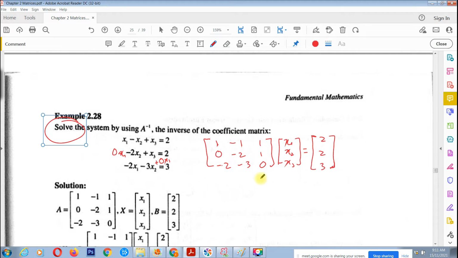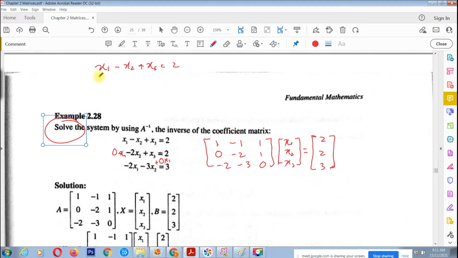Right, and then if we multiply these matrices, what will we get? This row times this row, so we will get x1 minus x2 plus x3 equals to 2. Make sure we get this equation back.